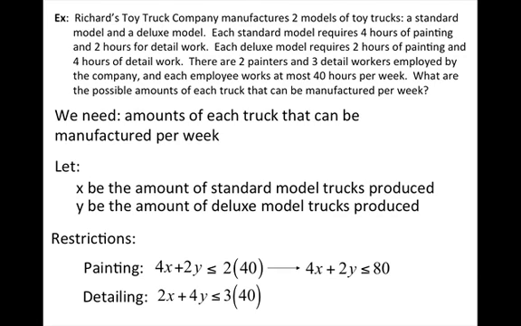I have 3 detail workers that can work up to 40 hours per week. So the number of hours I spend detailing these trucks, the 2x plus 4y, has to be less than or equal to 3 times 40. If I simplify this, I get 2x plus 4y is less than or equal to 120.